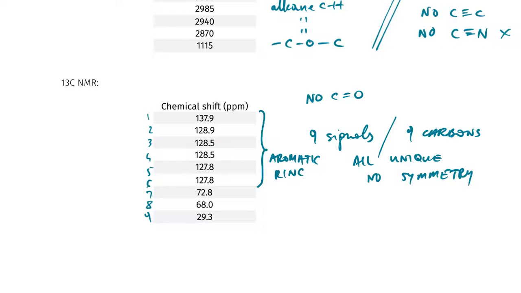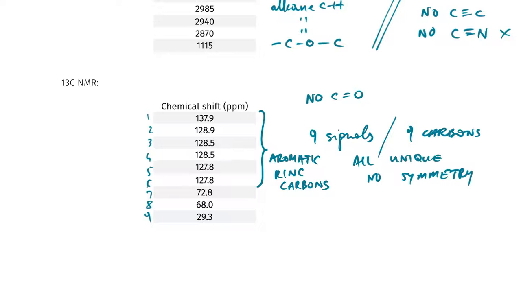Will they also just be really close to each other in numbers? Like some of them are the same. They might be different areas, but very close. Actually, that's a very good point. The fact that we have 2 signals with the same number means that they are equivalent. So we have some symmetry in the molecule.